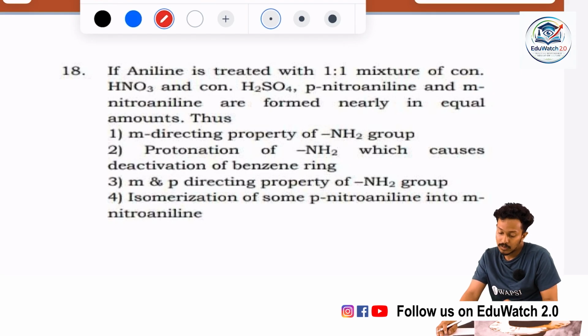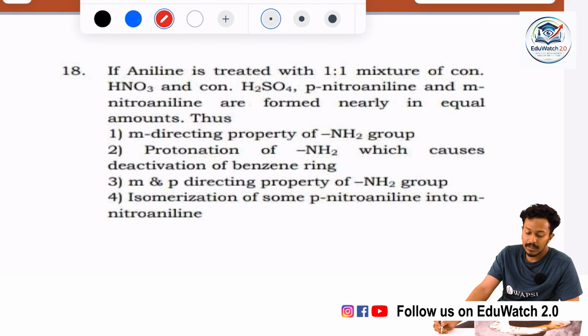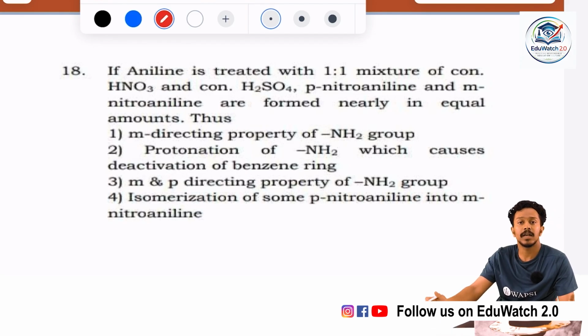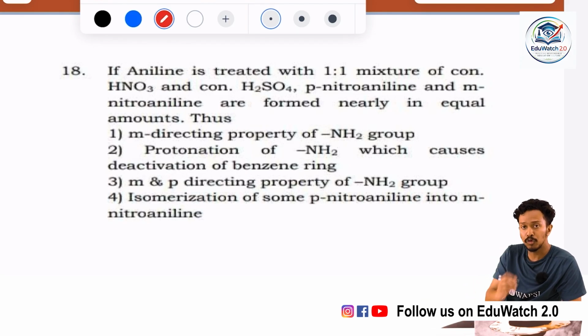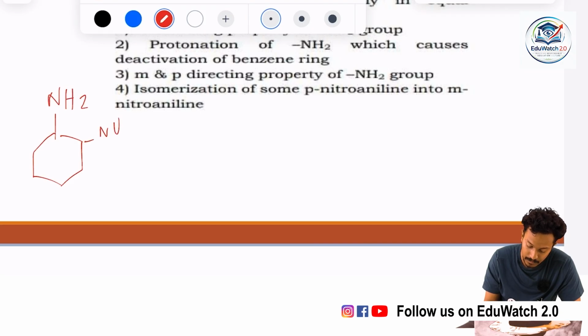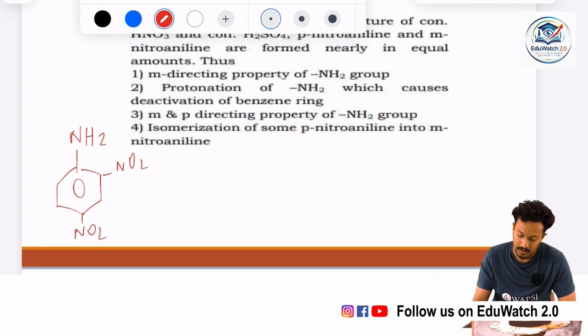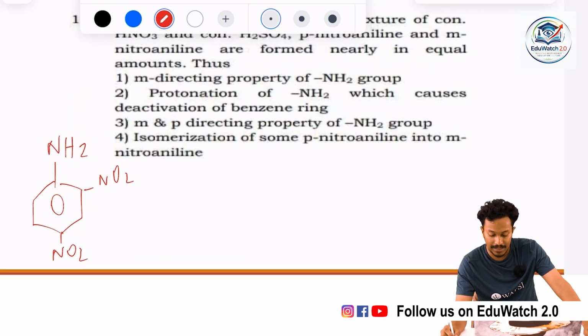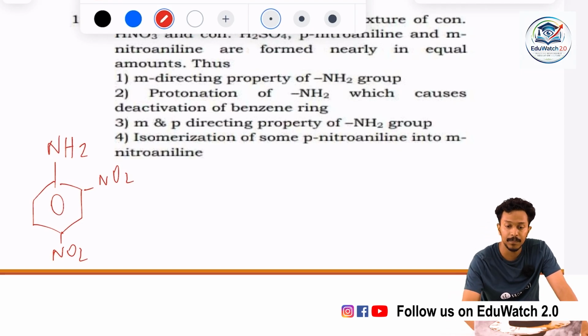So, here if aniline is treated with a 1:1 mixture of concentrated HNO3 and H2SO4, which is a nitrating mixture, it forms NO2 groups on the ortho and para positions of aniline. So, here aniline gives what? Ortho and para positions. The question is about the meta directing property of the NH2 group.